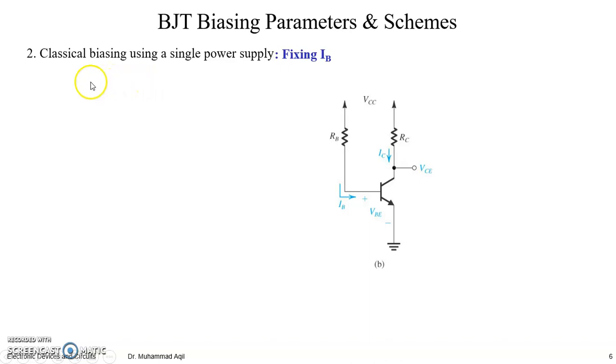So this is the classical biasing scheme by fixing the IB, and here we can fix the bias current by using this formula, by writing a loop equation here: VCC, IB, VBE, right? So IB is equal to, if we send RB to the other side, right?